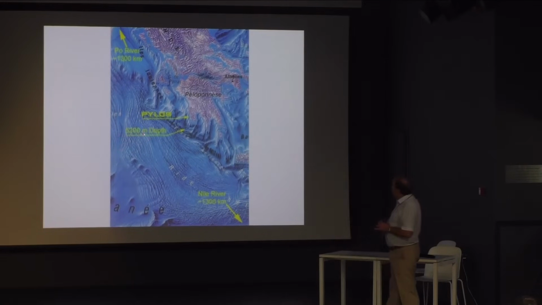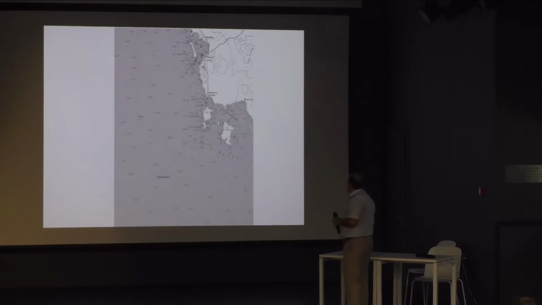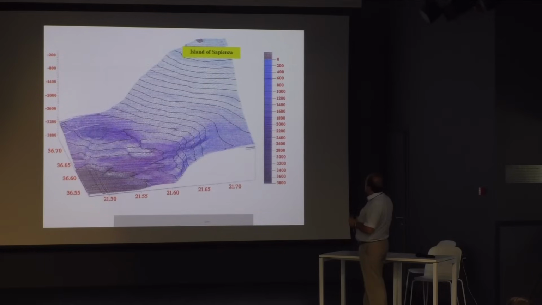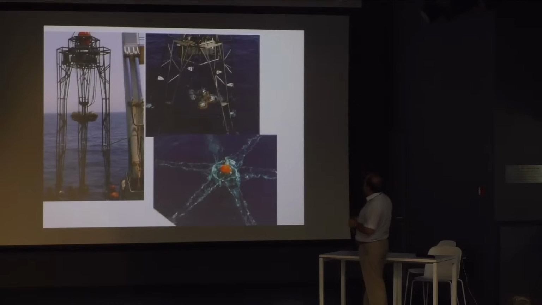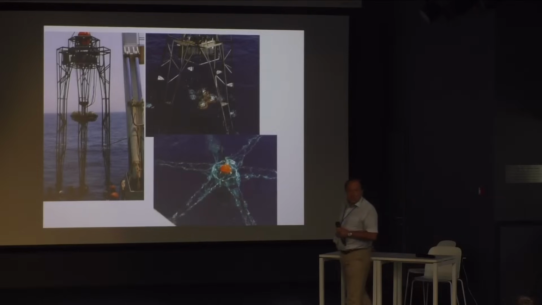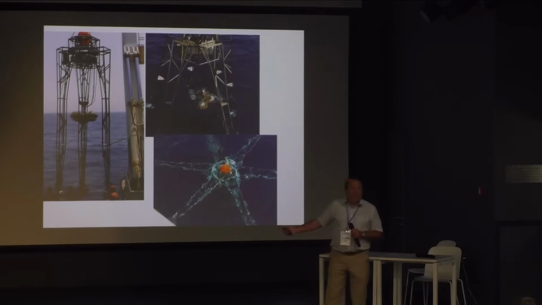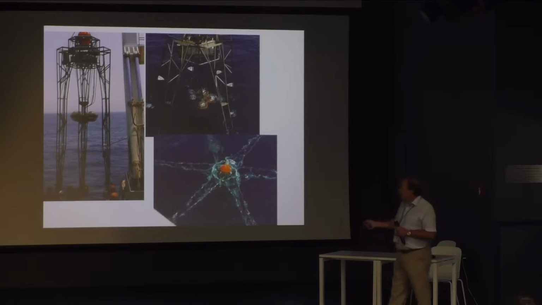The depth there was 5,200 meters. Here is the landing. This is from the first efforts back in 1992, 1993. A Russian research vessel came to the Mediterranean in order to make this kind of tests.